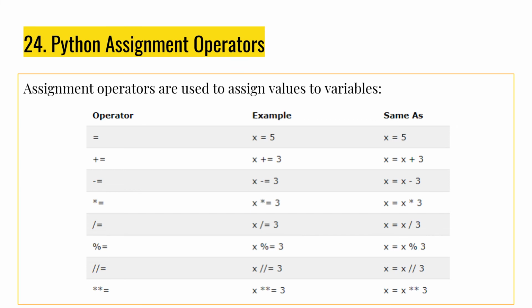We can assign a value only, or we can also do a simple calculation and then assign the resultant. If you look at all the other examples, except the equal to, plus equal to means x equal to x plus 3, which is shortly written as x plus equal to 3. Here we are performing two tasks: we are adding x with 3 and the resultant is stored in x itself.